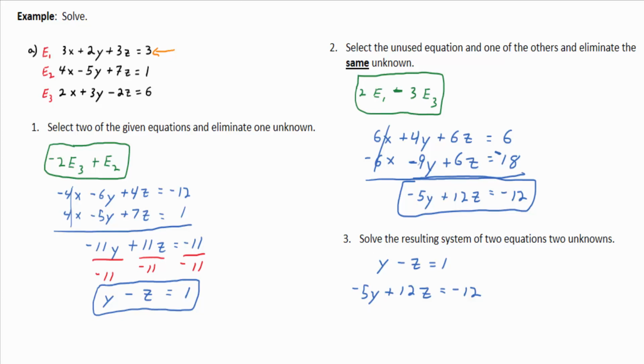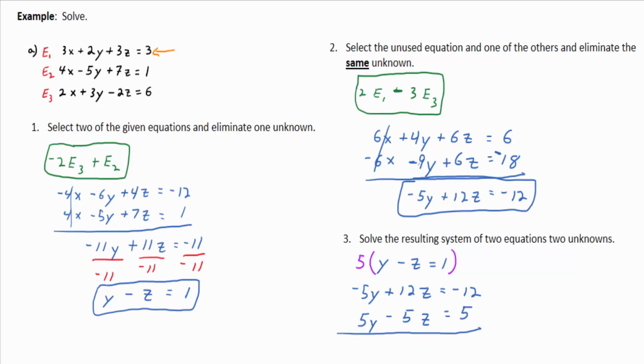I think it's pretty clear that we could multiply through the top equation by 5 to get a positive 5y in this first position, so that when we add it to the bottom equation, we'll get 0y. So multiply everything in that top equation by 5, and we get 5y minus 5z equals 5.